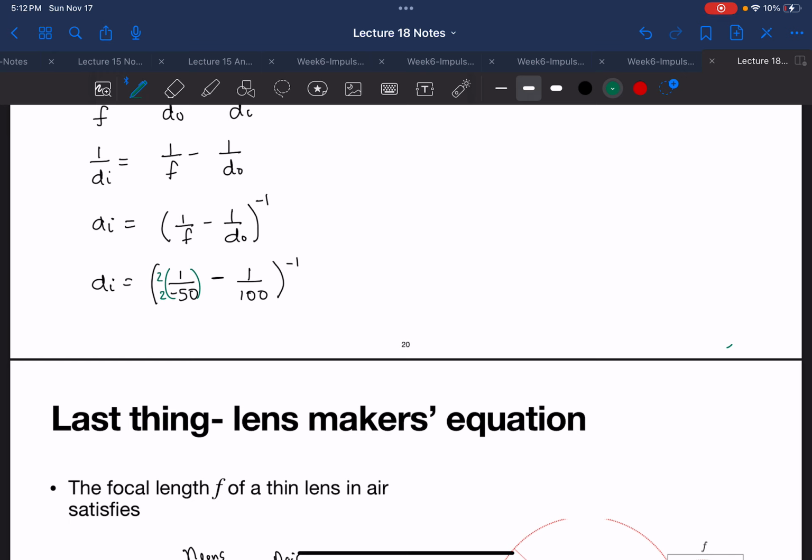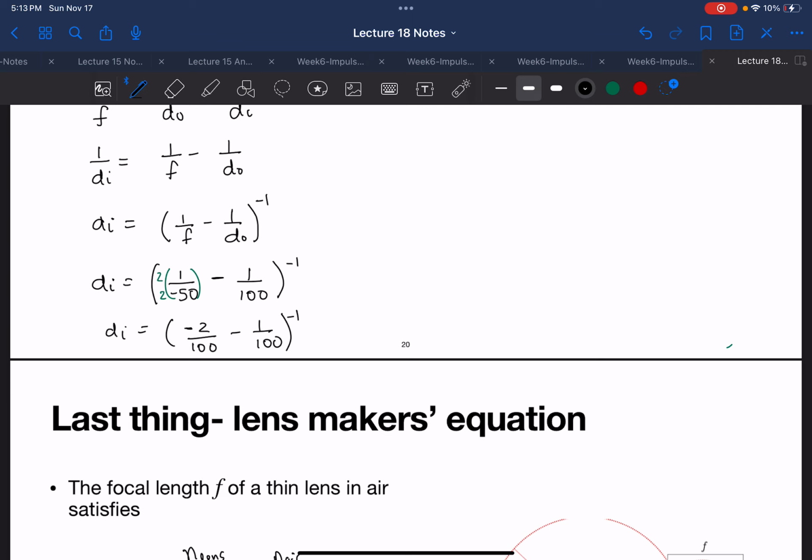So I get that the image distance is negative 2 over 100 minus 1 over 100, all to the minus 1. Notice all I did is I took this minus sign and applied it to my numerator. It doesn't matter if I have a negative multiplied by a fraction, whether I apply that to the numerator or denominator. Okay.